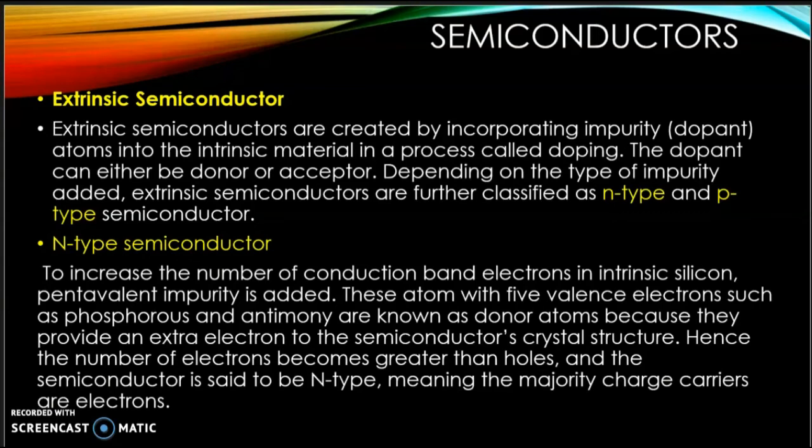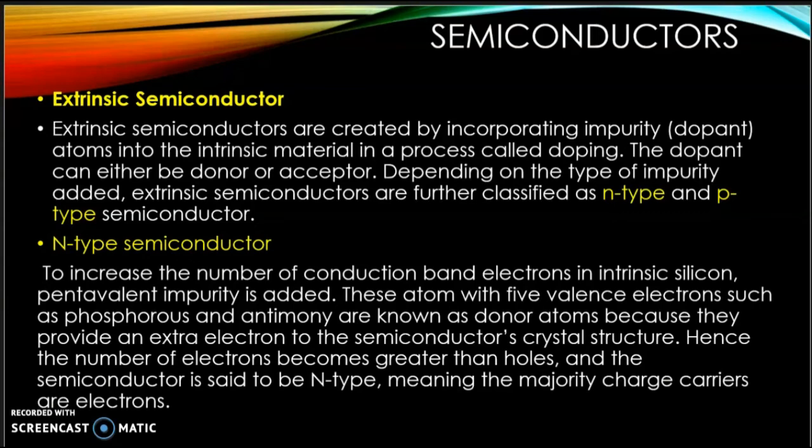Because the ratio now is 5:4, there will be a free electron. Therefore, we term these N-type semiconductors, or the pentavalent impurities we are adding, as donors because they tend to donate their extra electron to the intrinsic semiconductors.